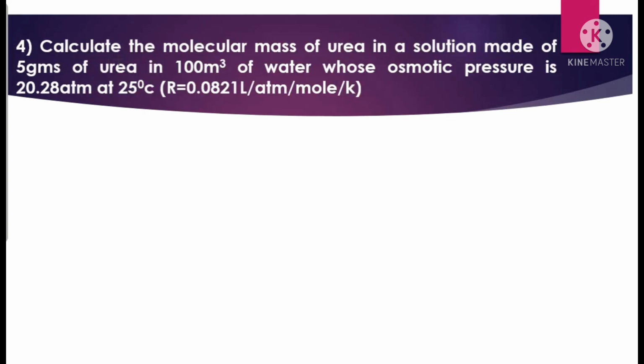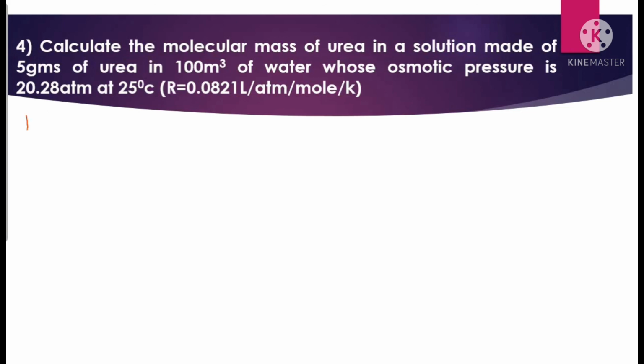Read the problem, students. Calculate the molecular mass of urea in a solution made of 5 grams of urea in 100 meter cube of water whose osmotic pressure is 20.28 atm at 25 degrees centigrade. R is equal to 0.0821 liter atm per mole per Kelvin. So let us write down the data here. In this problem they are asking you to calculate the molecular mass.